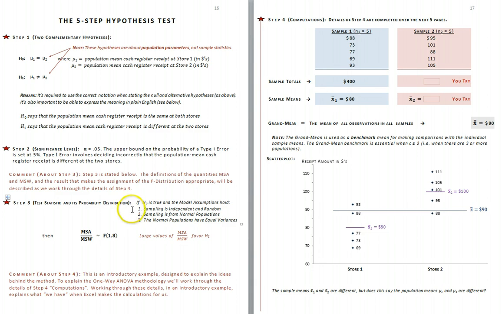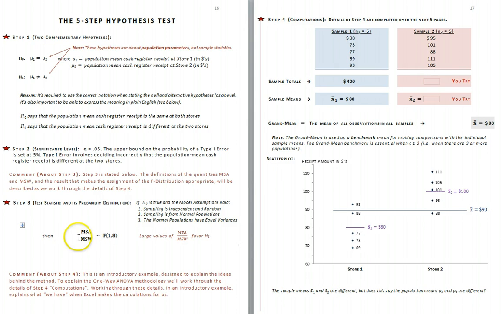In one-way analysis of variance, the model assumptions are: sampling is independent and random. Sampling is from normal populations. The normal populations have equal variances. That's the first thing required, the statement of the model assumptions.